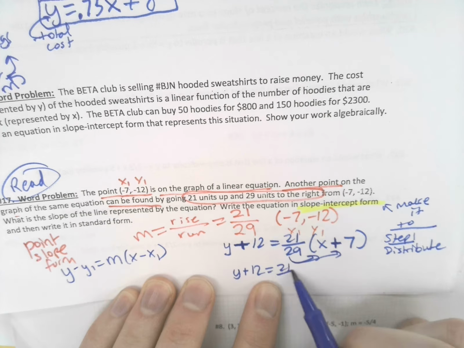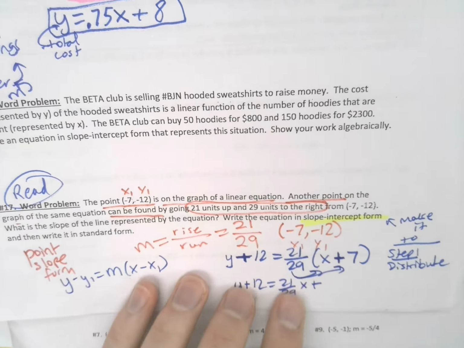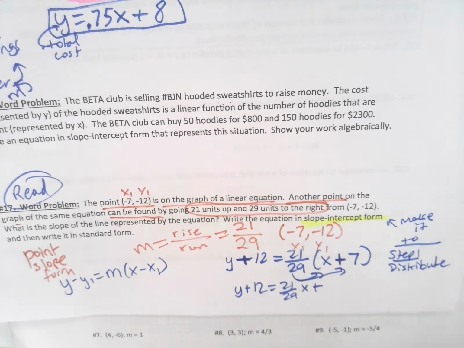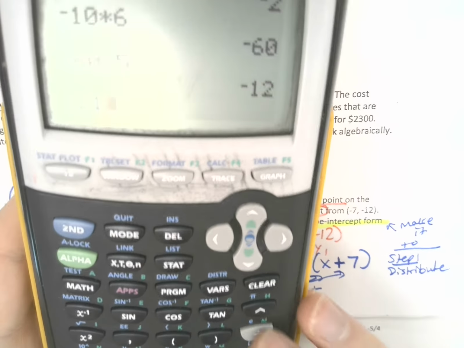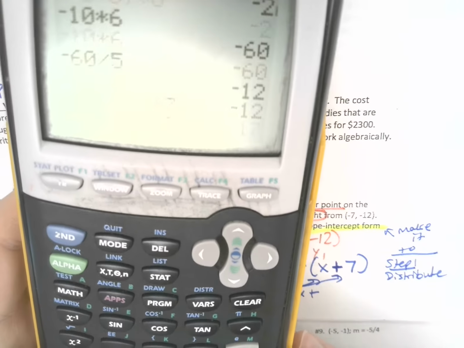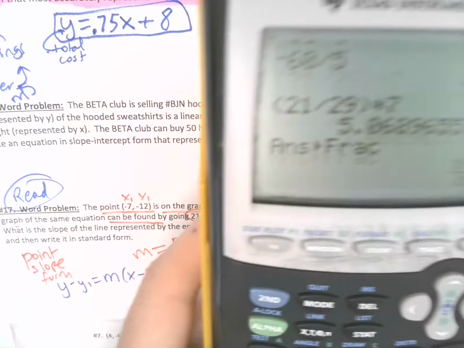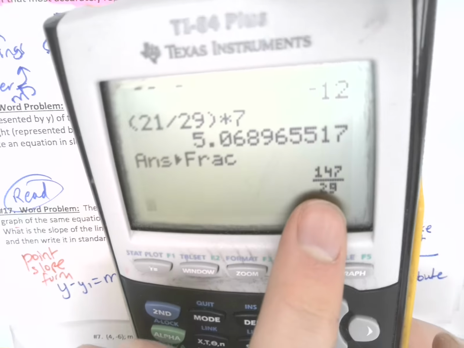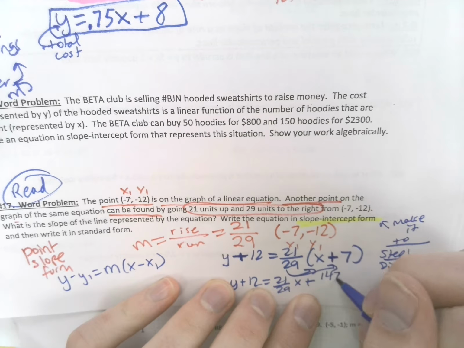That gives you 21 over 29x plus, I have no idea what 21 over 29 times 7 is. Let's try that out. Oh my goodness, that gives us something terrible. I'm going to turn that into a fraction. That is 147 over 29. Goodness, I think I probably could have chosen a better number here.